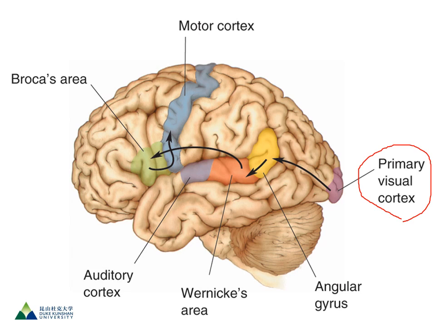Then that information is going to go to the angular gyrus, and the angular gyrus is going to synapse onto the Wernicke's area. Then the information is going to transmit through the arcuate fasciculus to Broca's area, and the rest is basically the same, okay?